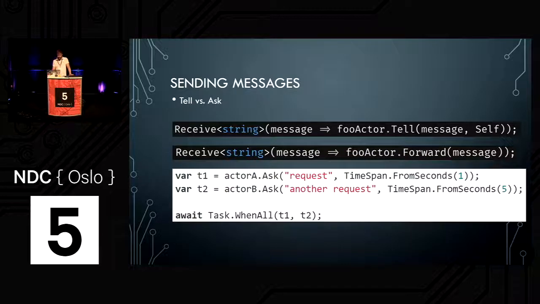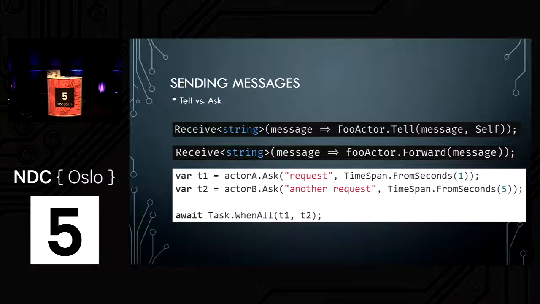So sending messages to actors. There are 2 ways that you can do that. Either you can use tell to send a message, or you can use forward, or you can use ask. And when you tell an actor, you send the message, and then you send in the context here.